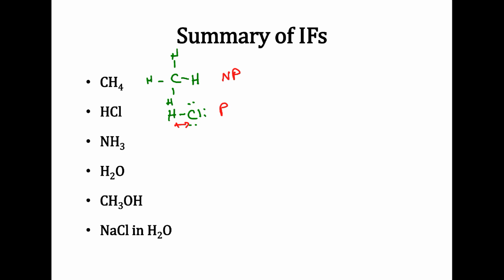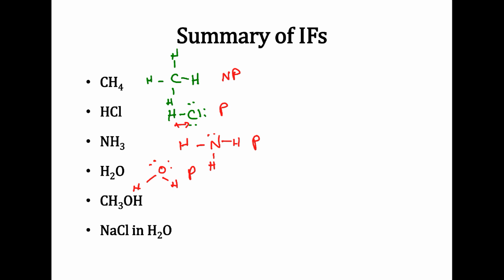NH3, we draw this Lewis structure. Looks something like this. Although all the terminal atoms are the same, there's a lone pair on the nitrogen. So that means that this is a polar molecule. If we were to look at H2O, the terminal atoms are the same, but there's lone pairs. So this is a polar molecule.